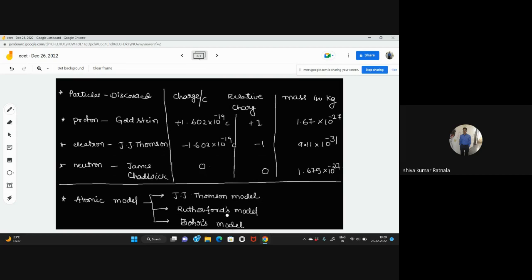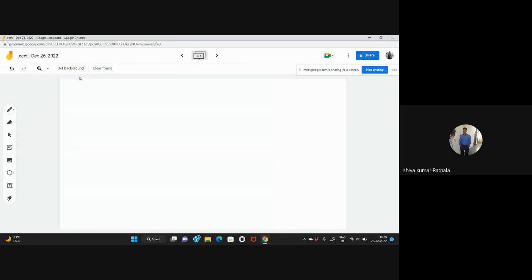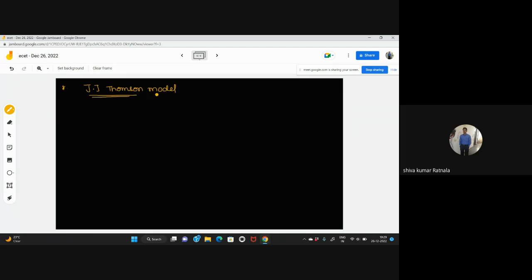Okay. So now we are going to discuss one theory. First one, J.J. Thomson model. What is the Thomson model?